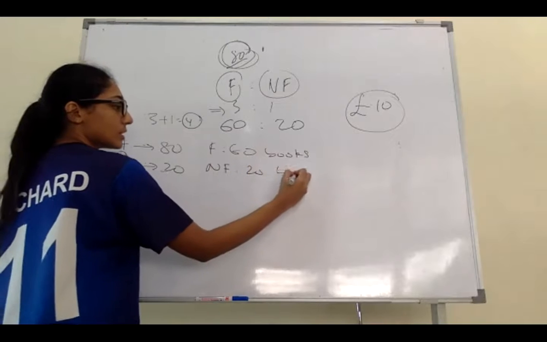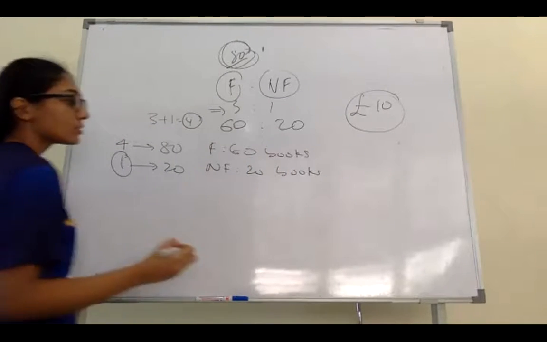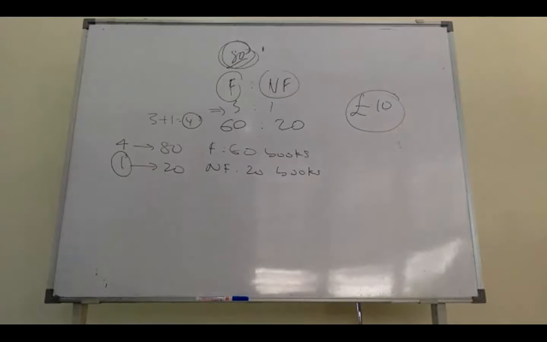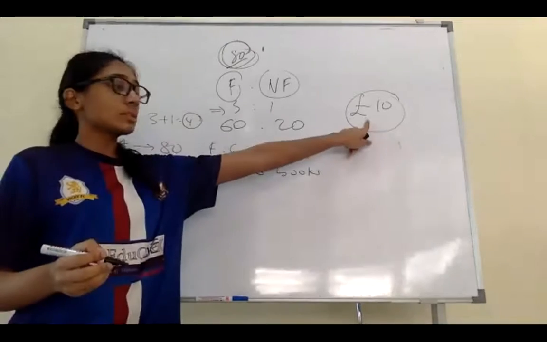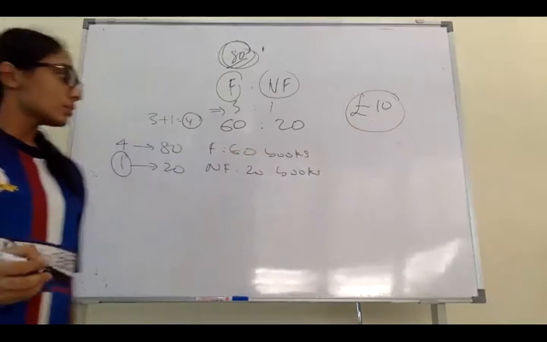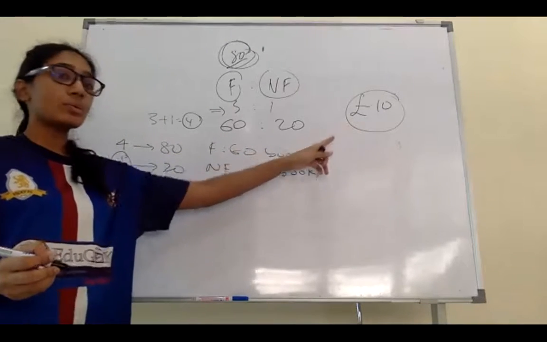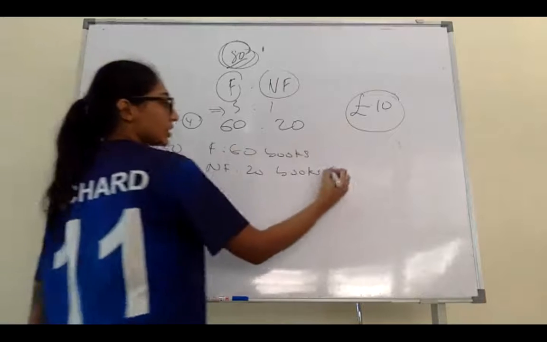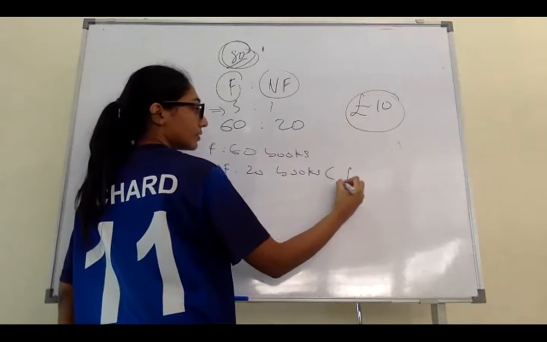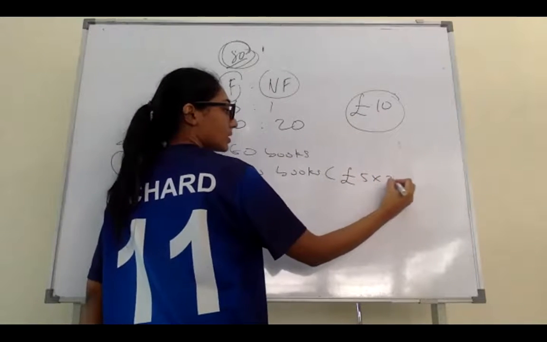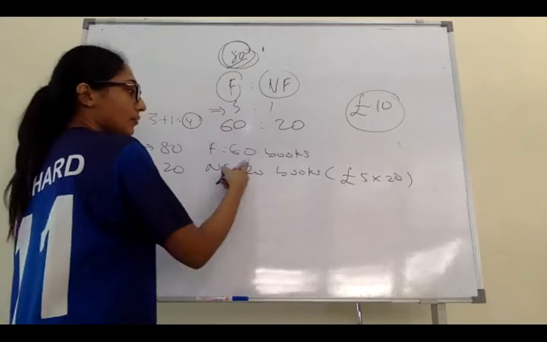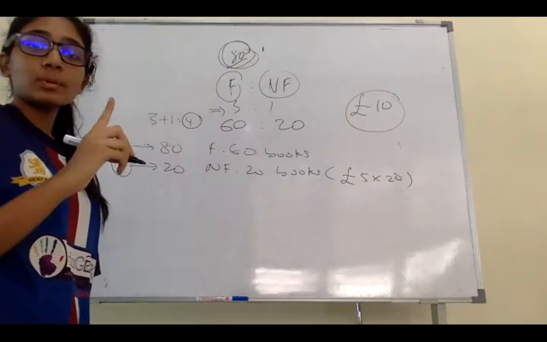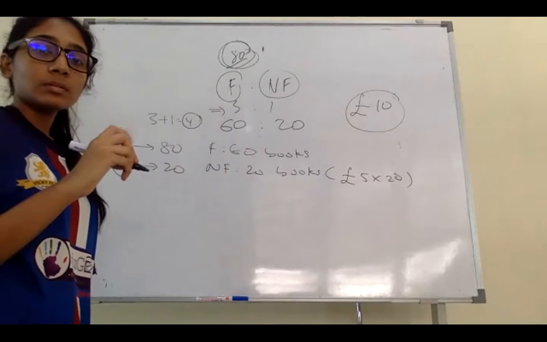Now it says that Helen reduces the non-fiction books to half price, and each book is 10. So half price will be how many euros? 5. So each book will now be 5, for 20 books. And the fiction books, how much is one book? 10.